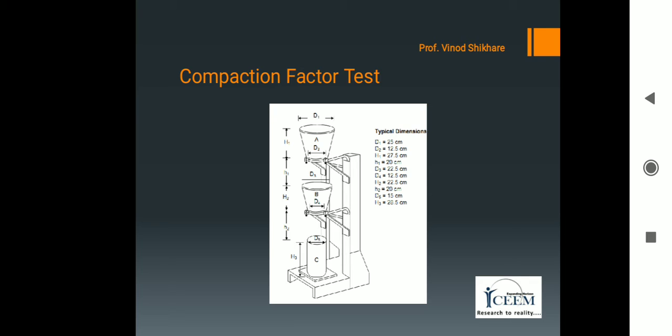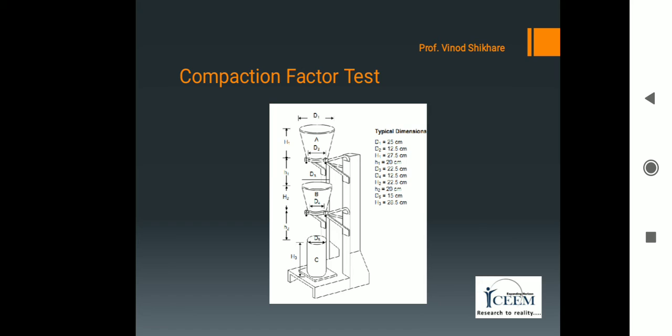In the figure, we see three parts: the top hopper is A, the middle hopper is B, and the last one is cylinder C. From A, the concrete will fall by self weight into hopper B, then from hopper B to cylinder C. The work done by the concrete in this process is measured, that is the degree of compaction achieved through the test, which is called the compaction factor.